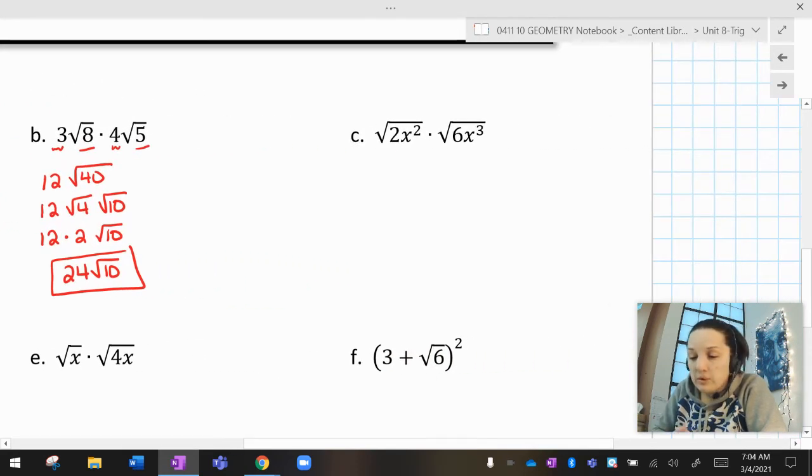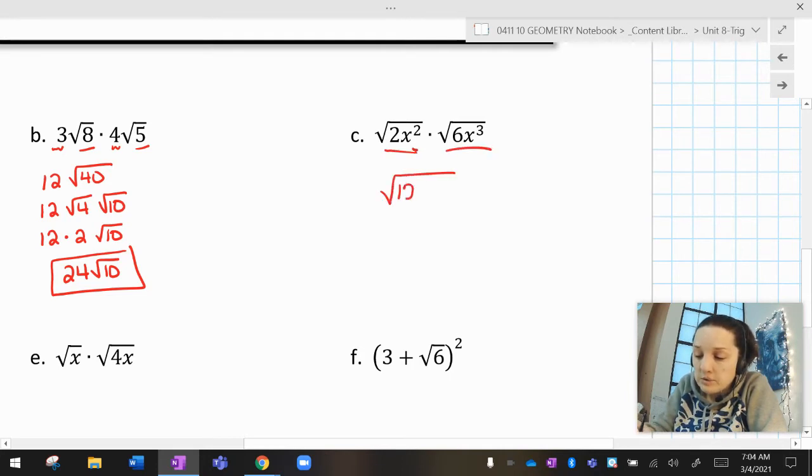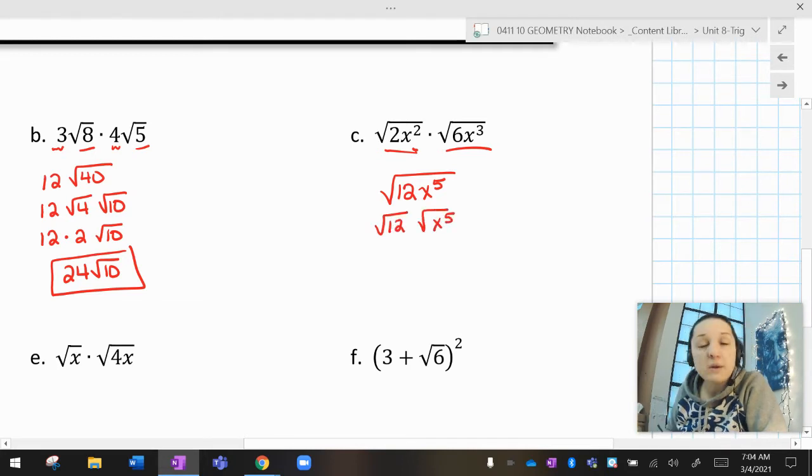Square root of 2x squared, square root of 6x cubed. Same thing. I see stuff inside the radical, so I'm going to multiply that stuff. 2x squared times 6x cubed becomes 12x to the 5th. Then I'm going to go back to what we did in the previous lesson and say that's the square root of 12 times the square root of x to the 5th.